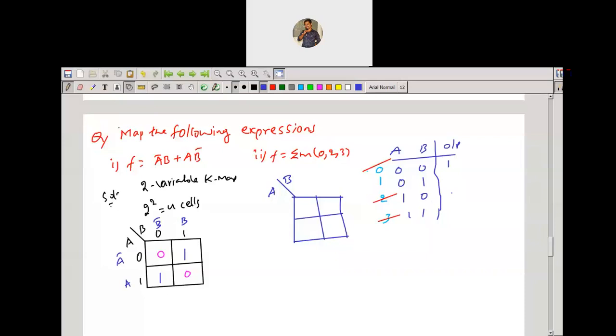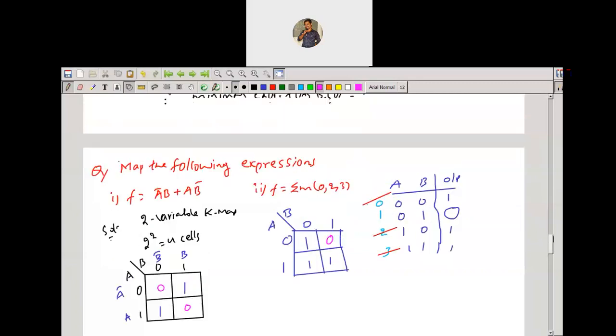It is SOP, sum of products. So A value 0, B value 0 is this one, and A value 1, B value 0 is this one. So that is the mapping. The remaining cell is 0, the maxterm. I'm not telling the grouping yet.